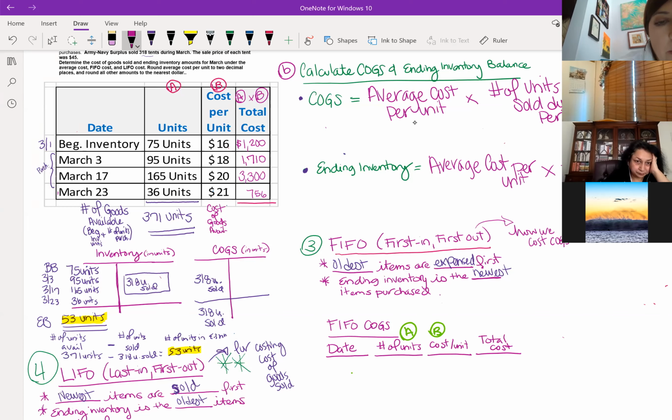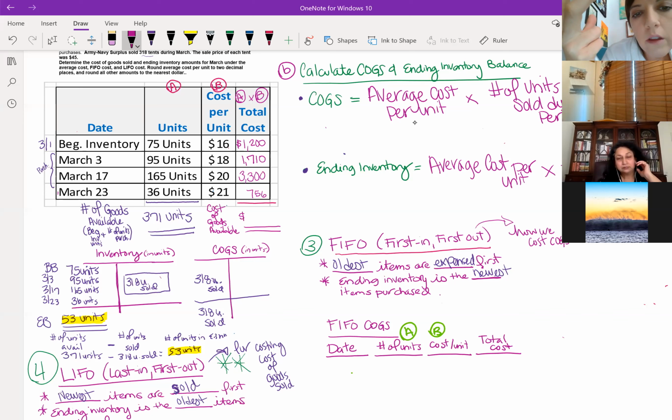We're going to add up this column to calculate the cost of goods available. Cost of goods available is the sum of beginning inventory plus the purchases. So this is how much in inventory costs we had available to sell during the period.